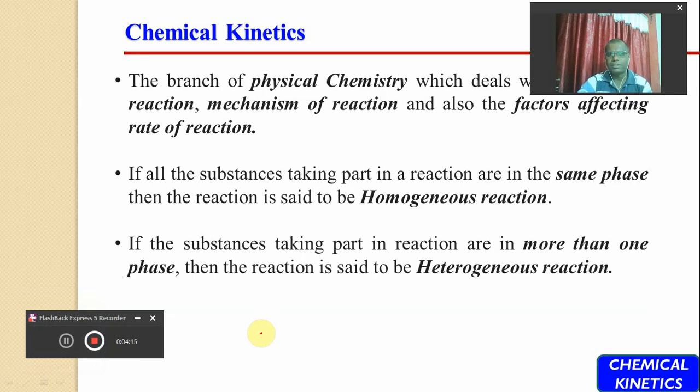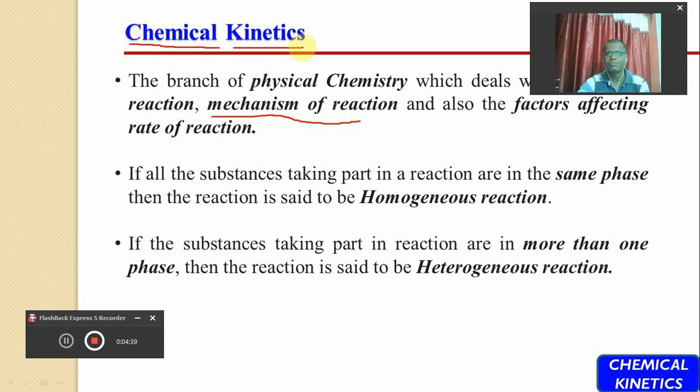Hence it is necessary to study the pathway and mechanism of reaction if you want to explain the rate of reaction. The rate of reaction at any instant can be explained with the help of a branch of physical chemistry called chemical kinetics.